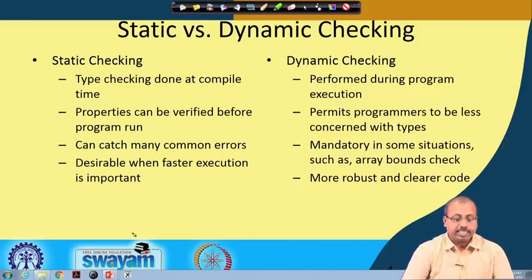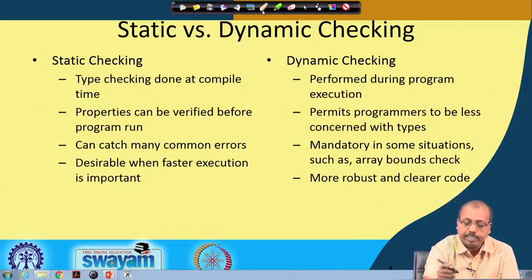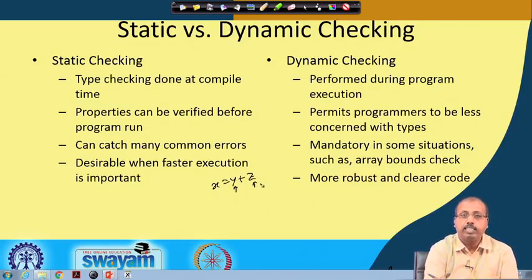Now, static checking is desirable when faster execution is important, because if you are doing dynamic checking, as I have said, for every assignment and operation you need to check the types of operands, and that will make the program inherently slow. Like if I have to do, say, x equal to y plus z, then you need to first check whether y and z are of some type which supports this addition operation.